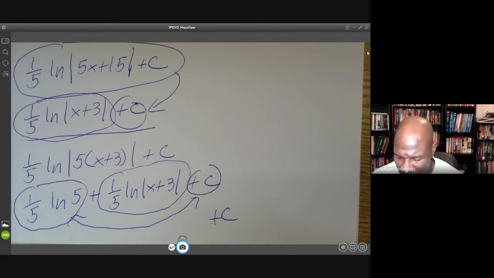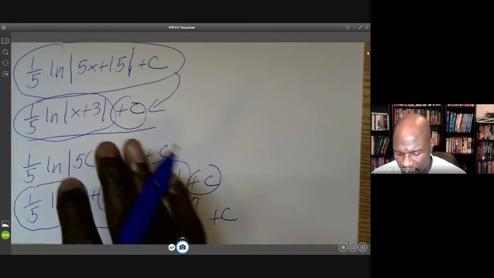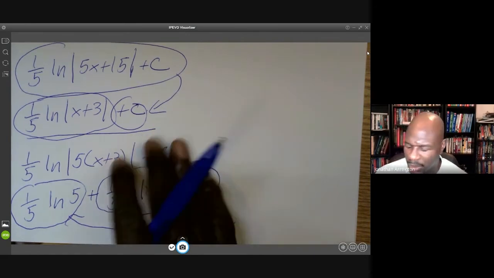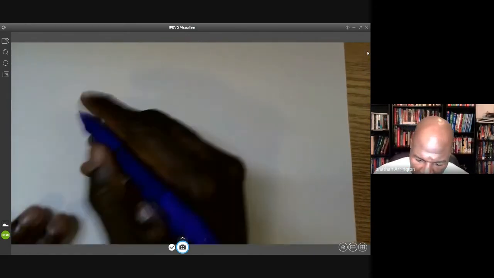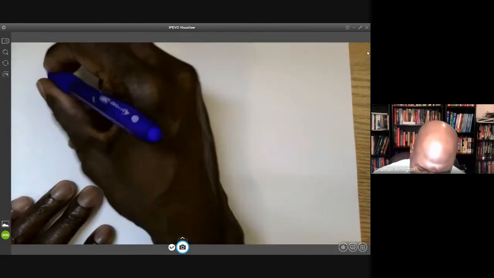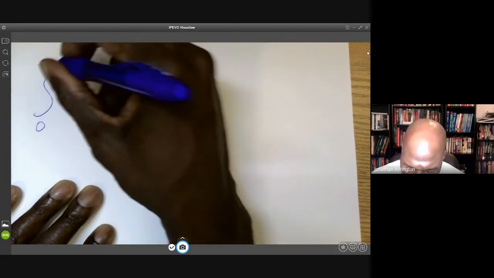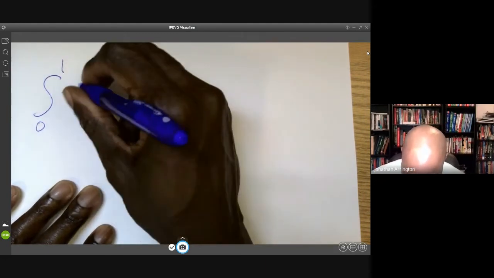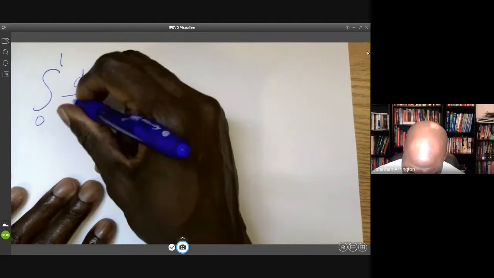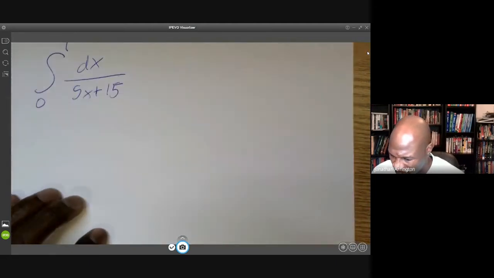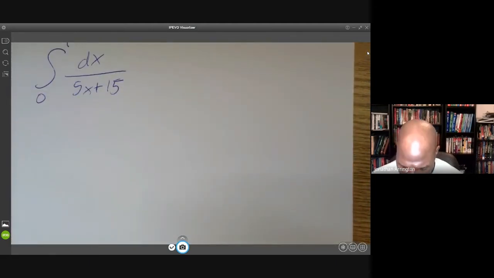Now, that still is hard for some people to wrap their arms around, and the students had a difficult time with this as well. So you can also present it in the following manner. Let's find a definite integral, using fairly basic numbers. Let's integrate from 0 to 1 dx over 5x plus 15. We'll evaluate both antiderivative answers at 1 and 0 and see if they come out the same numerically.